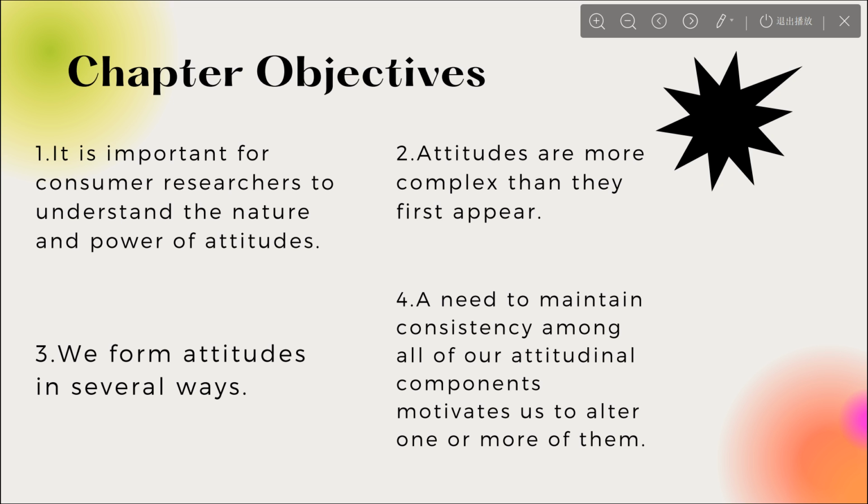And number two, a complex message produces slower decay of attitude change. And number three, attitude change is more persistent over time if the receiver actively participates in it.